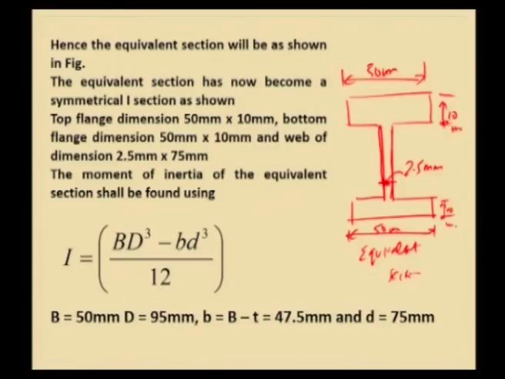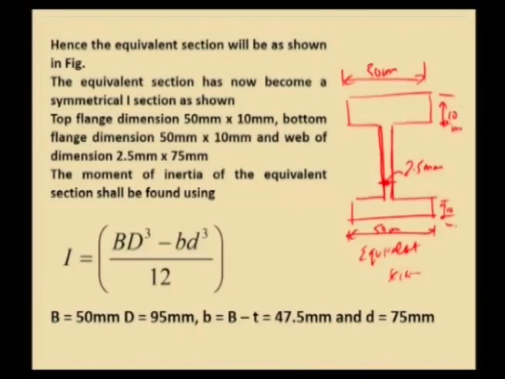Now, the equivalent section is a symmetrical I section. We know very well how to compute the moment of inertia of sections like this. For symmetrical I sections, the moment of inertia is given by (B d cube minus b d cube) by 12, where capital B is this and the overall depth is D, and small b will be equal to capital B minus the thickness of web.